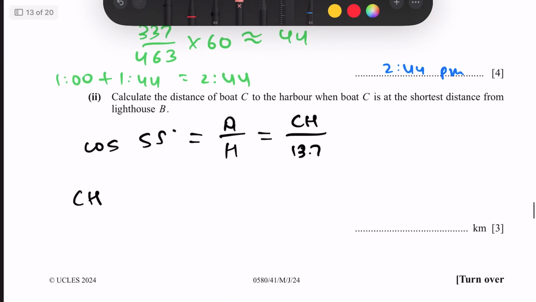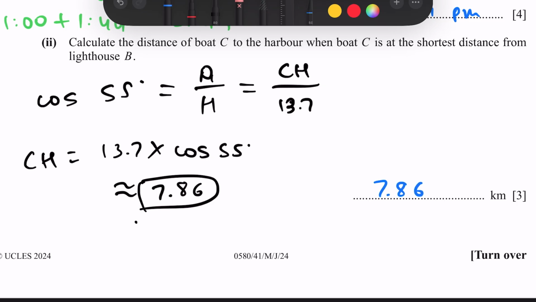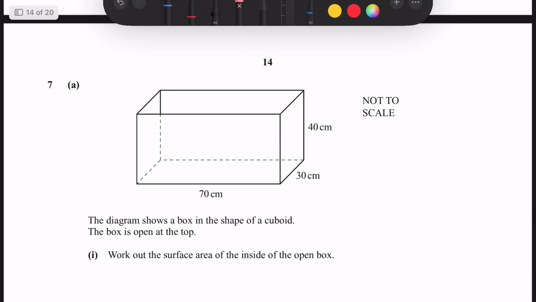Therefore, CH is equal to 13.7 times cos 55 degrees, which is 7.86 when rounded to 3 significant figures.